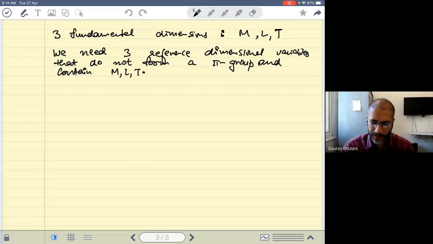No fundamental dimension should be missed out in the union of these three variables dimensionally. That choice in this case has to be ours. So let us make a choice.